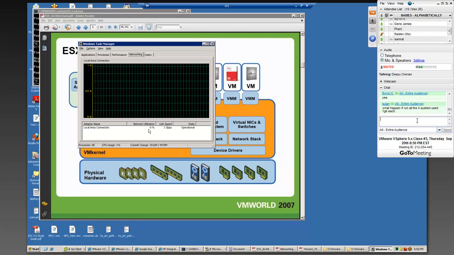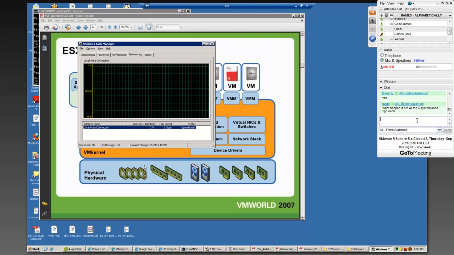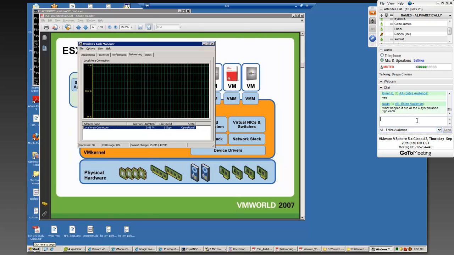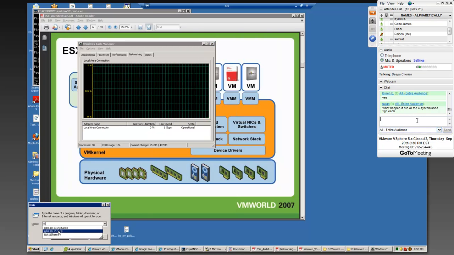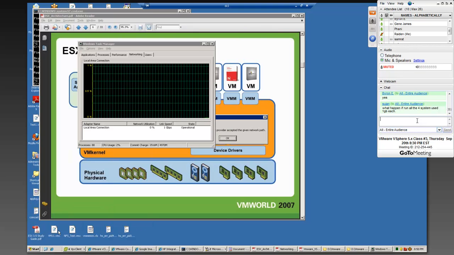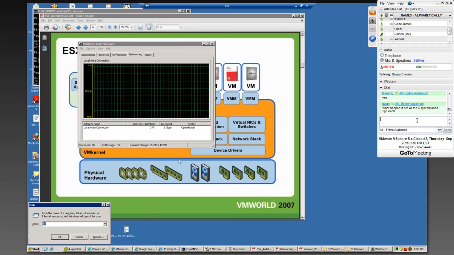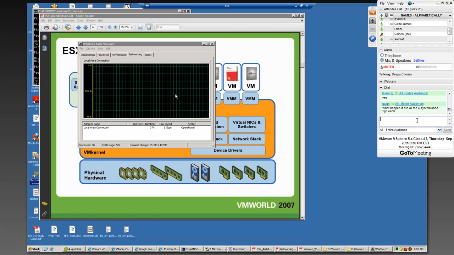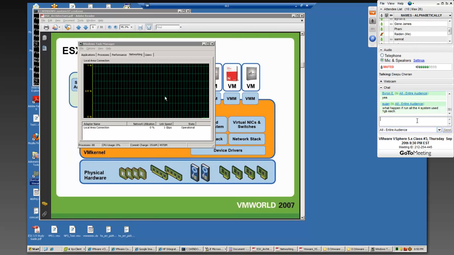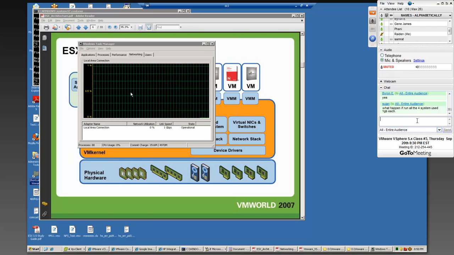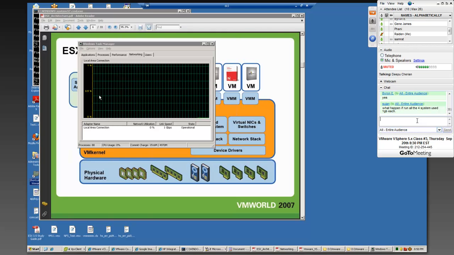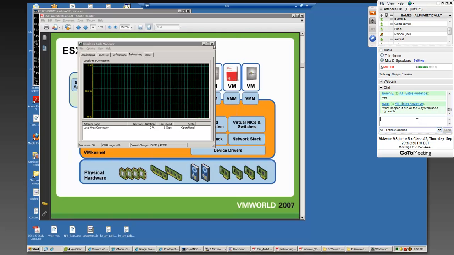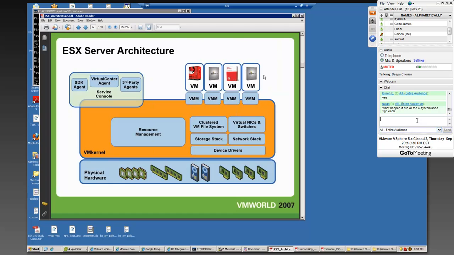Look at this networking. I'm trying to copy something. So basically, the network utilization is very, very low. You have a 1 GB connection and you are only using 5%, 10%, 0.5%. You are wasting all the resources. That is where this comes into the picture.